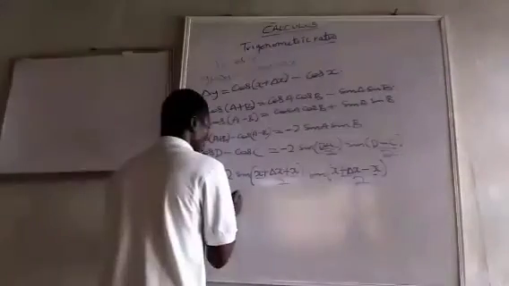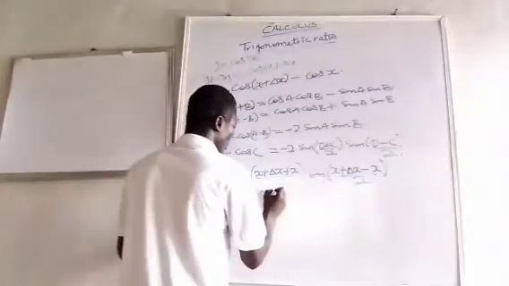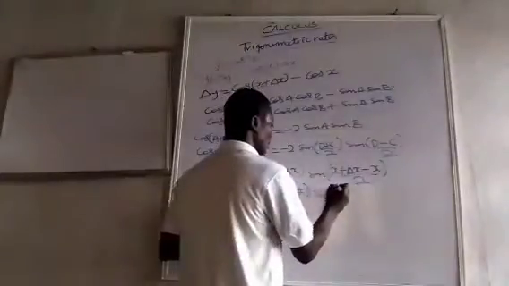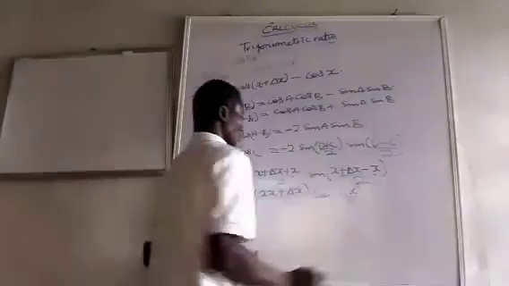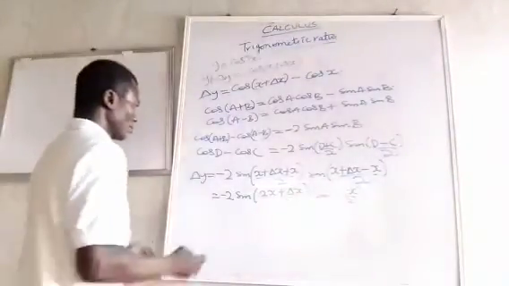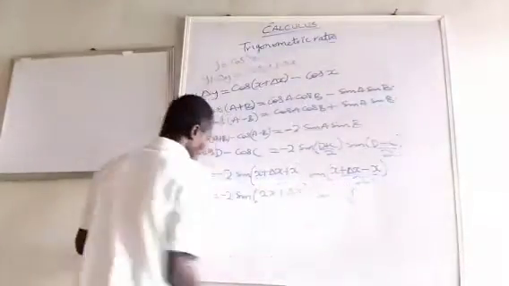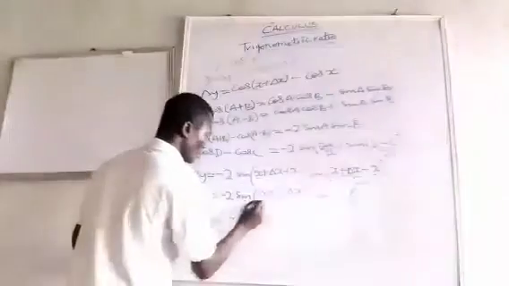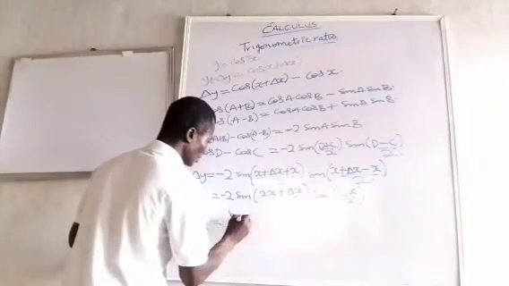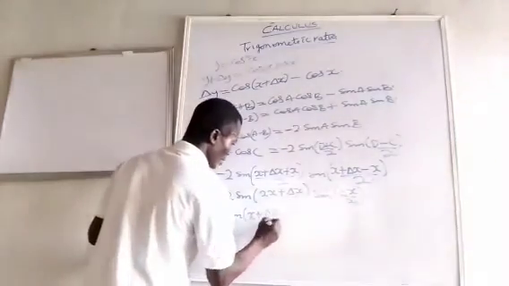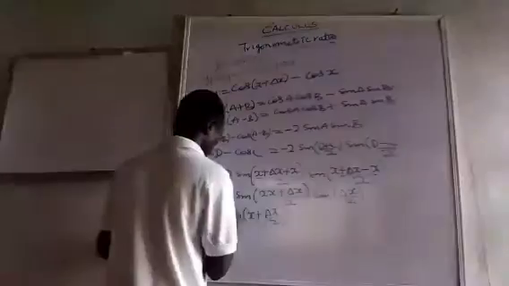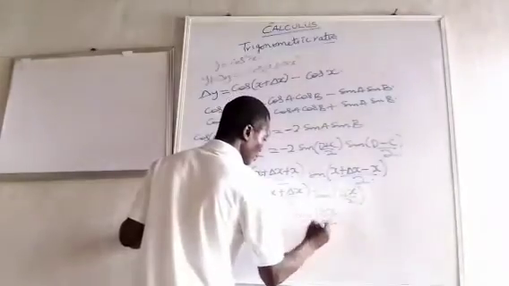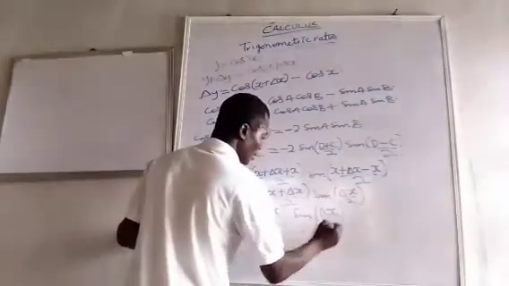It's going to be minus 2 sine of (2x plus delta x) over 2 into sine of delta x over 2, divided by delta x.